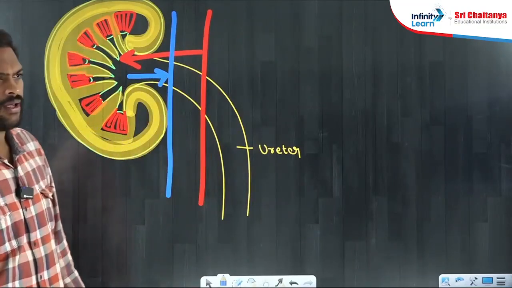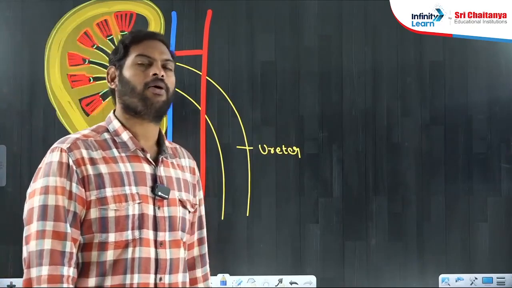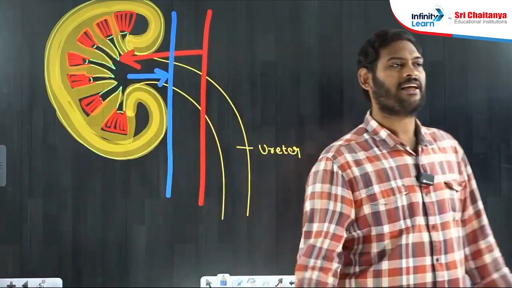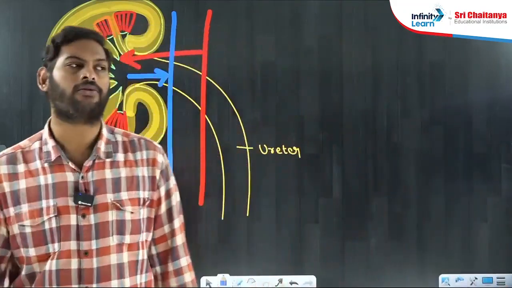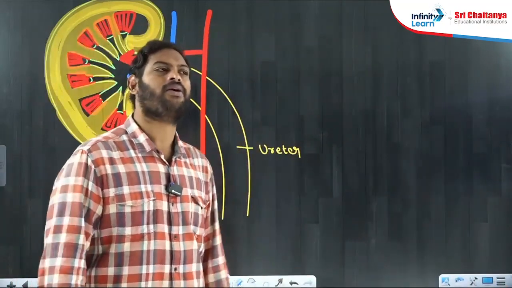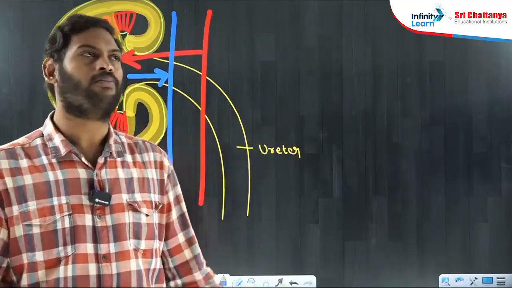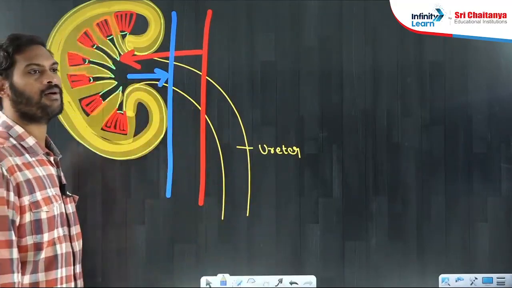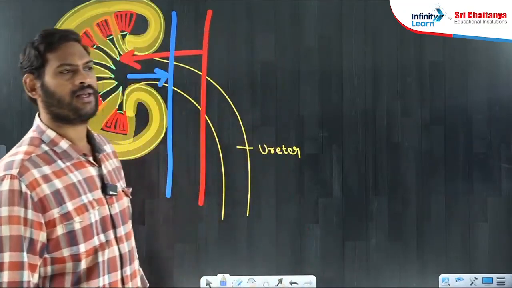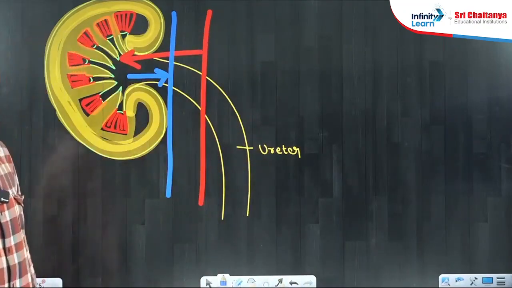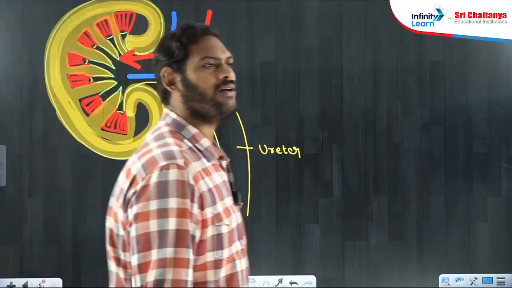Red is artery, blue is vein, because arteries mainly carry oxygenated blood, therefore given a reddish appearance, and veins usually carry deoxygenated blood, therefore given blue color. This was already taught, but all of you might not have attended, that's why we're repeating it.